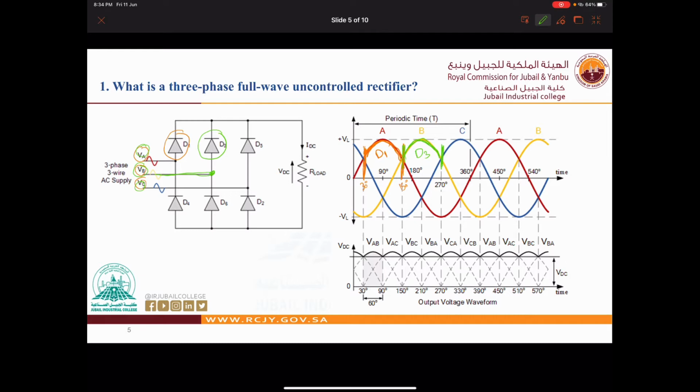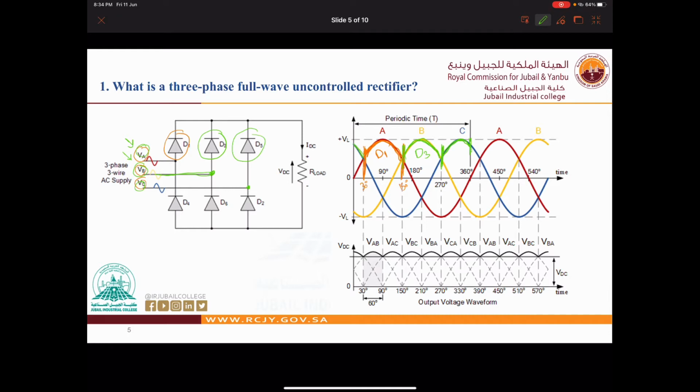Now for D5, we are talking about the positive cycle. D5 is connected to VC, so it will conduct when VC is bigger than VA and VB. We can analyze from this circuit that VC is bigger, so the completion of one cycle is here.